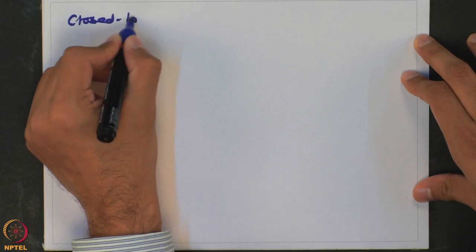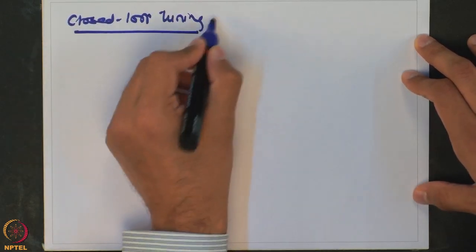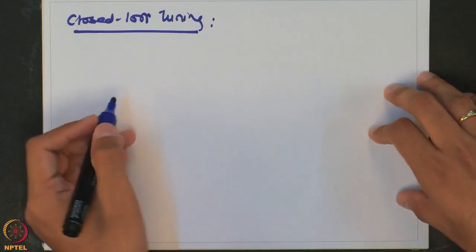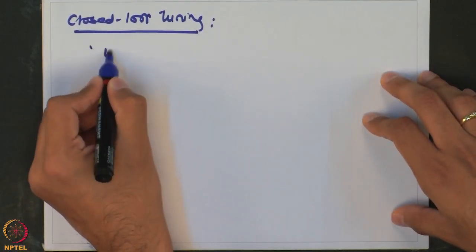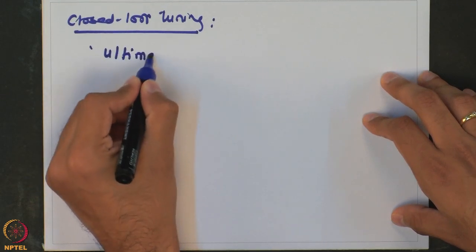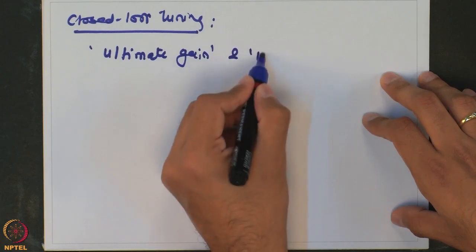So, I will give you some of the simpler ways in which closed loop tuning can be done. So, closed loop tuning, when you want to do it, what you are interested in is obtaining the ultimate gain and ultimate period.